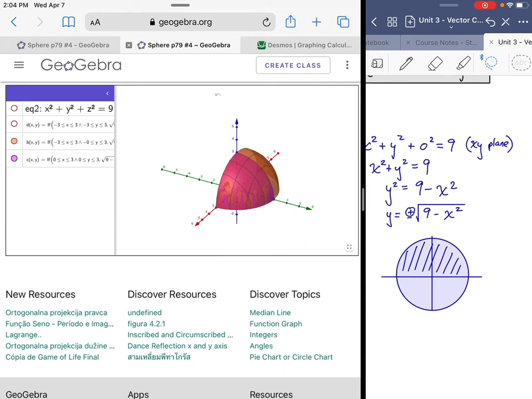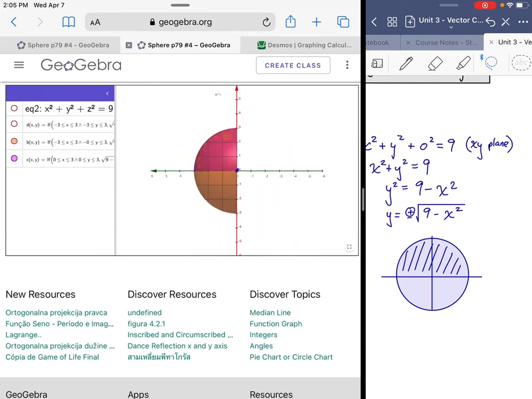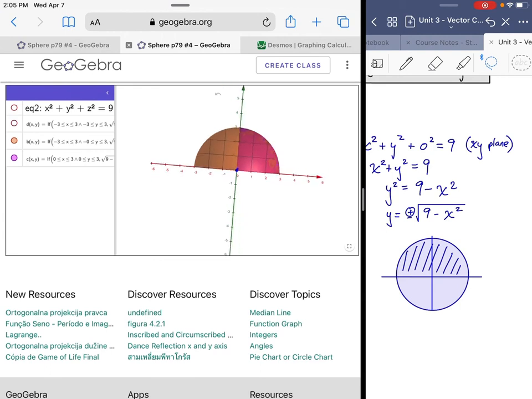So that's basically the top half, if you were to look at it from this perspective. Okay, I'm just going to hold it there. I'm going to pause for a second so you can absorb what I'm trying to say. All right, so that's the top half of the sphere.